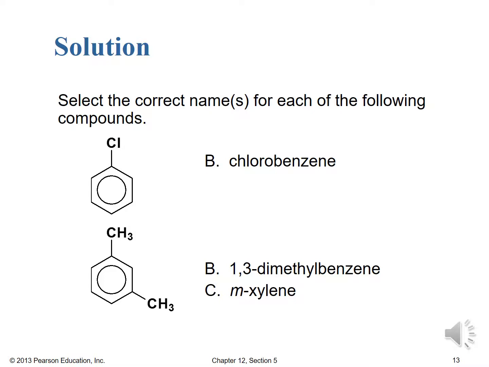So if they were 1,2, it would have been ortho. If they were 1,4, it would have been para, but this is 1,3, so it's therefore metaxylene. So if that didn't go so well, if you got tricked by some aspect of that question, please do try some other naming questions for the substituted benzenes, and definitely reach out to me if it's still not making sense.